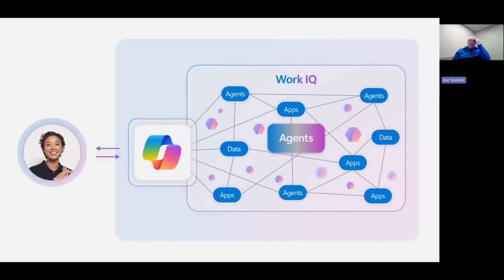So Work IQ kind of surrounds all the agents, data, and apps that you have pertaining to you, and you have permissions for within Microsoft 365. So it adds this overarching layer that allows you to, again, develop new capabilities within Copilot, but also use some of the core features and capabilities of Copilot on its own.